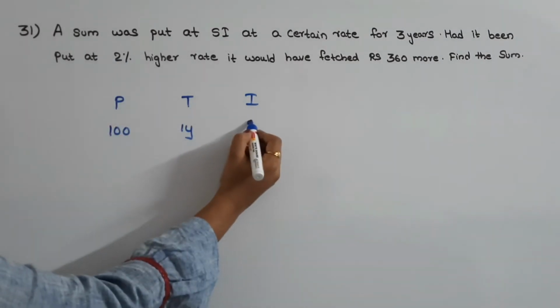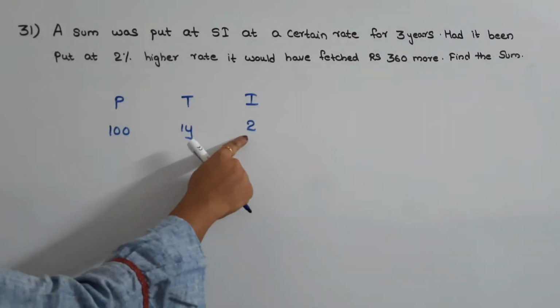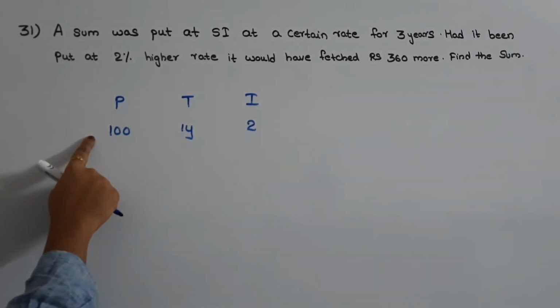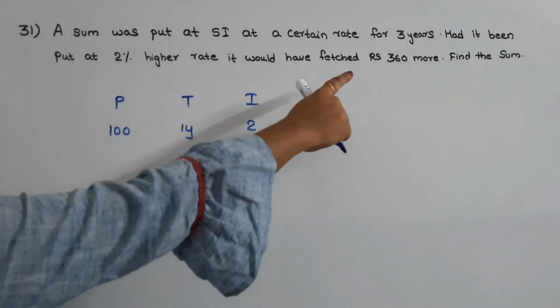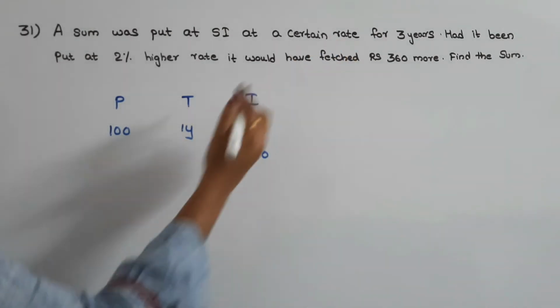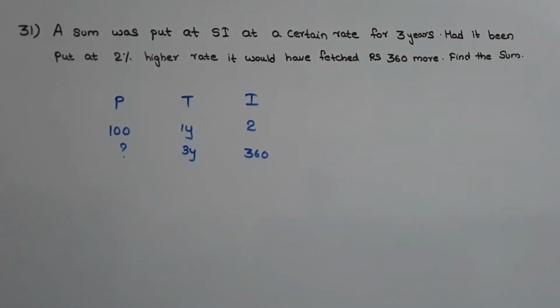So, the increase in the interest is 2. Now, when the increase in the interest is 2, for a time period of 1 year, the principal is 100. So, when the increase in the interest is 360 and the time period is 3 years, what is the value of the principal? That is the question.